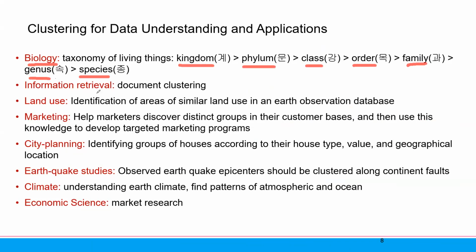We can also do information retrieval, to cluster the documents. We can have observation for land use. Usually from the satellite, we can see whether it is forest, housing, or road based on the color.